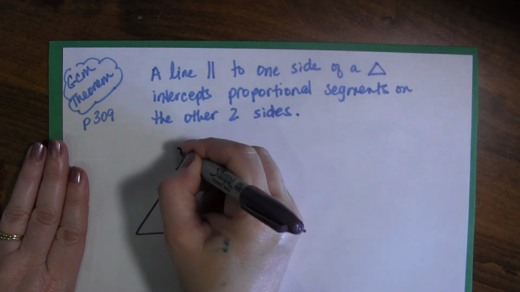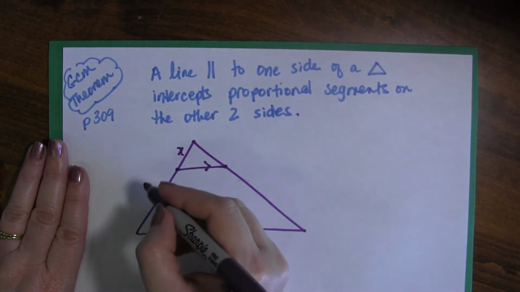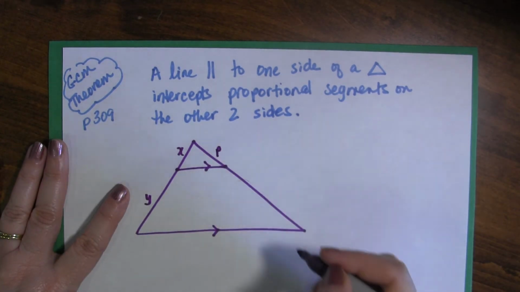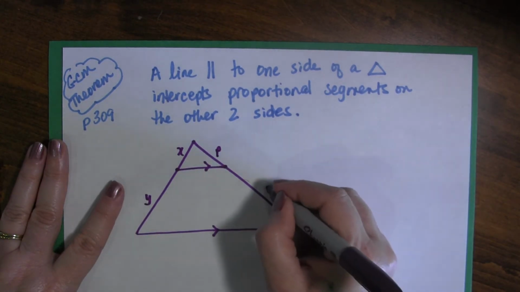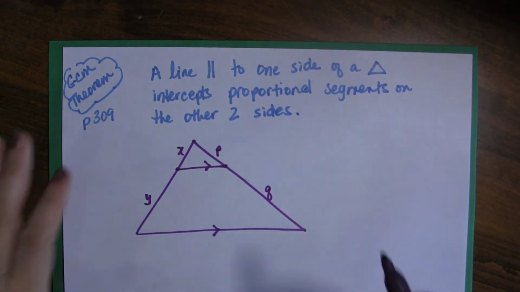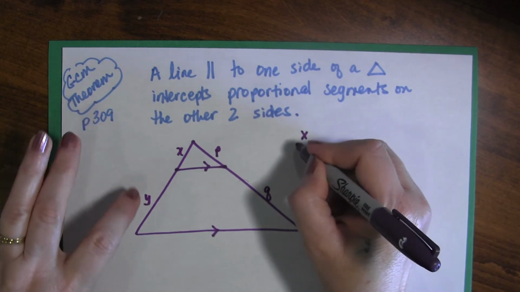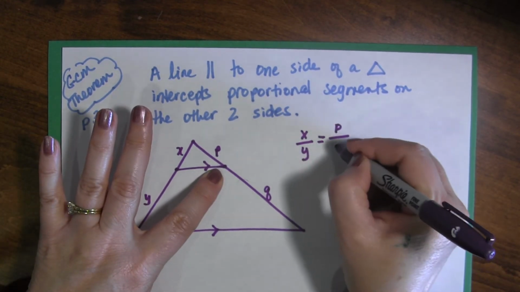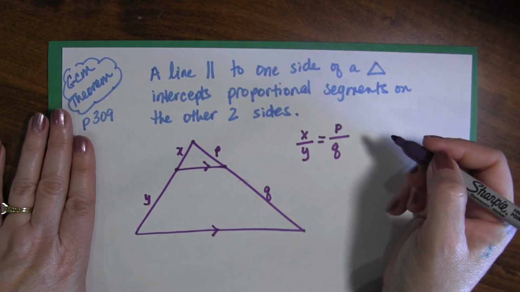And if this segment is called X, and this segment is called Y, and this segment is called P, and this segment is called Q, then I know that X divided by Y is going to equal P divided by Q, right?